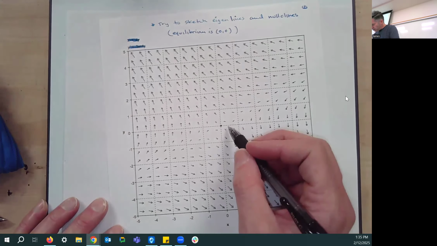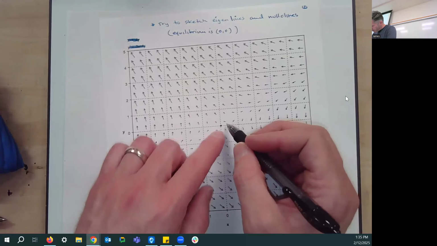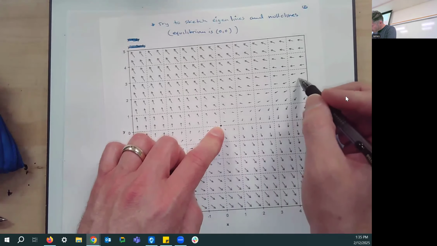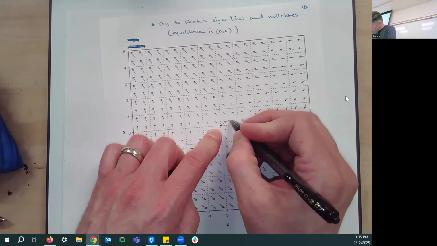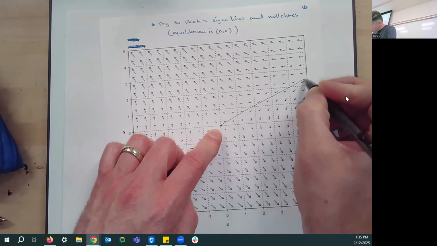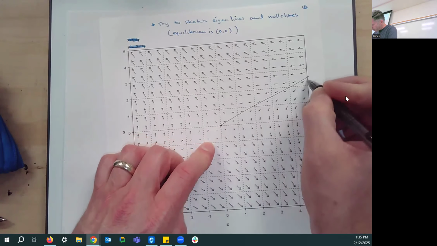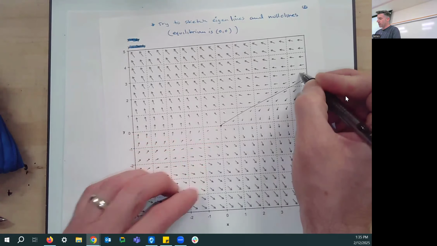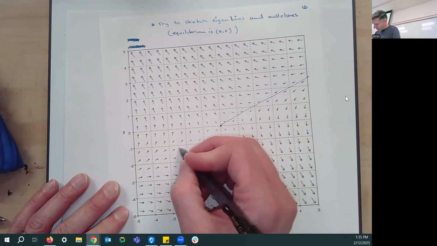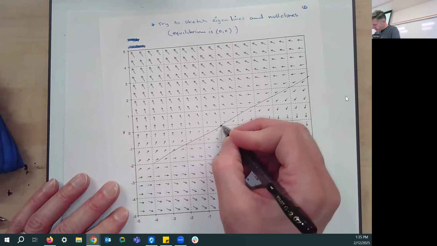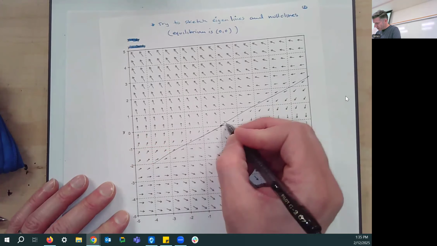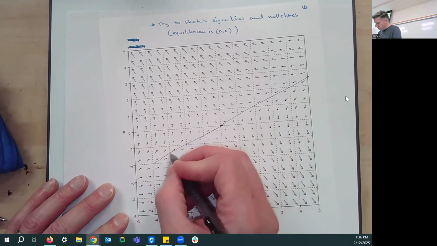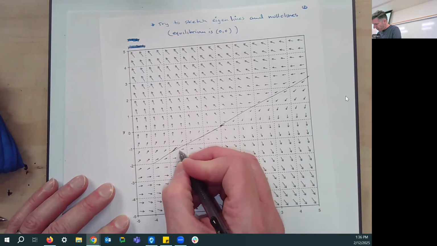So if you look in this direction here, you can see those arrows all seem to be pointing in the inward direction. And if you continue on this way, this line is straddling arrows pointing up and to the left and up and to the right.